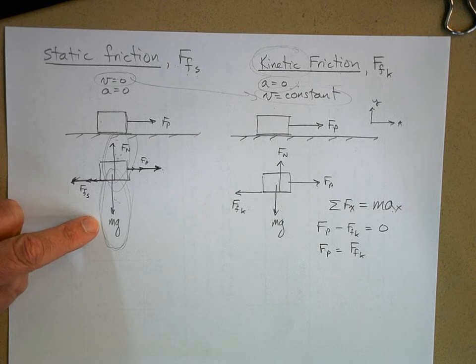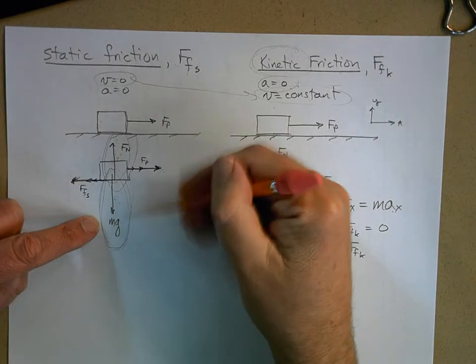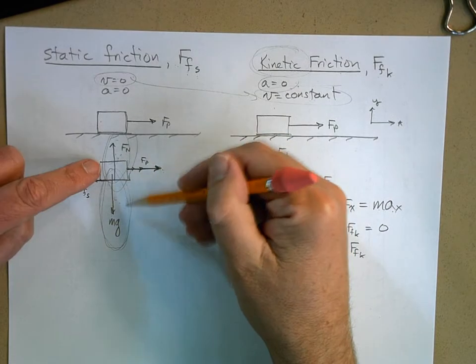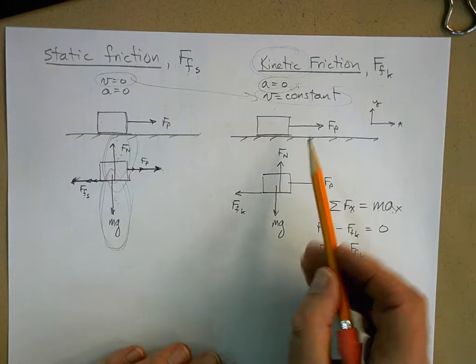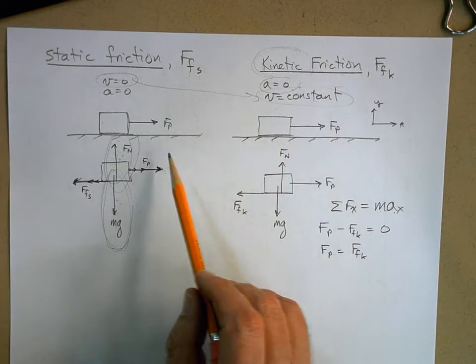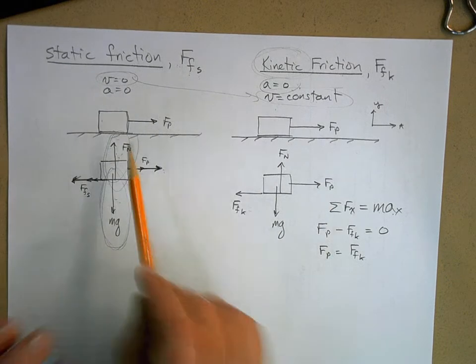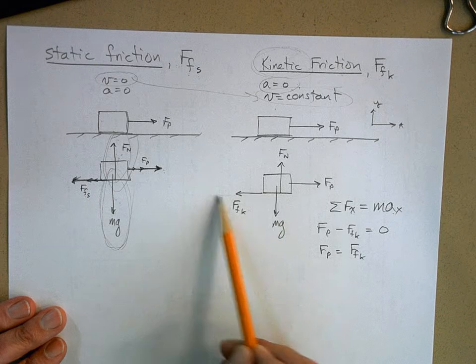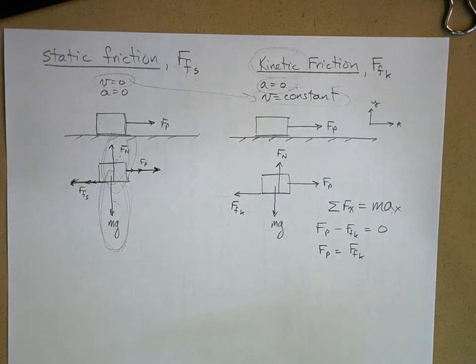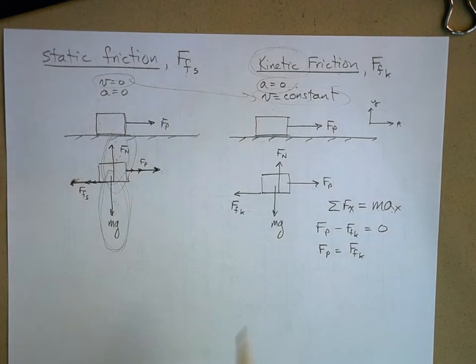And if the forces are equal and opposite here, because it's in equilibrium, the normal force has to be equal to the weight. In both cases, the object is not accelerating, so the pulling force and the force of friction have to cancel each other out. So if you measure the pulling force, then you know what the force of friction is.